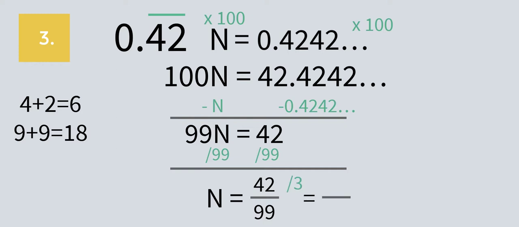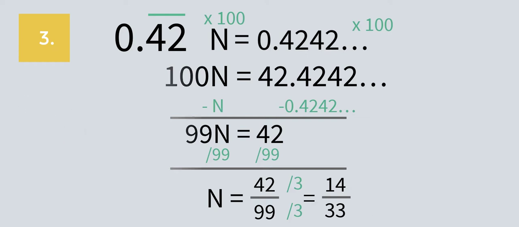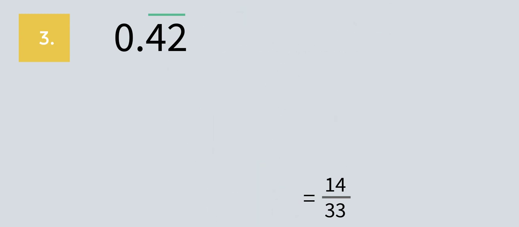That's going to be 14. And you can double check that. 10 times 3 is 30. 4 times 3 is 12. 30 plus 12 is indeed 42. 99 divided by 3 is 33. So 0.42 repeating as a fraction is going to be 14/33. And that's all of our checkpoint problems for this section.